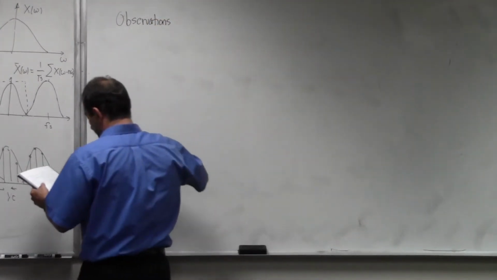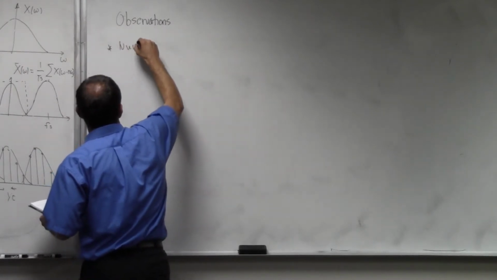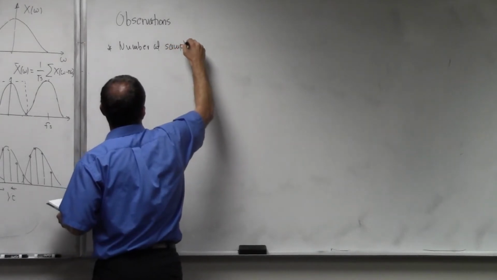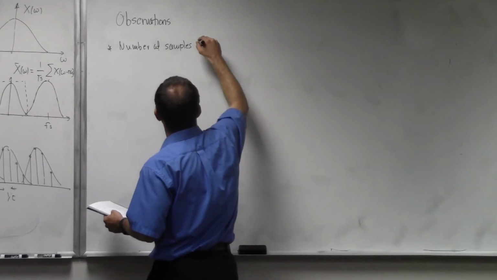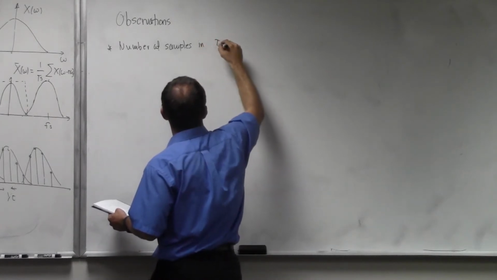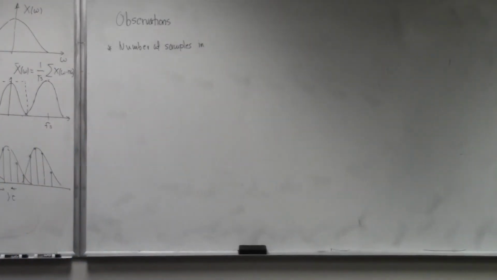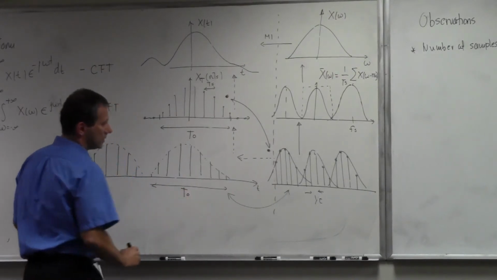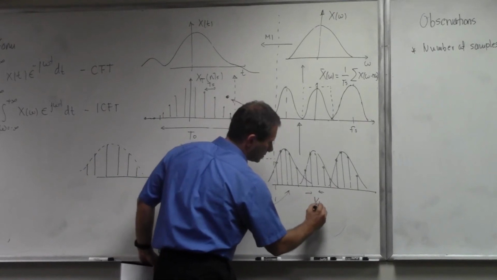First observation, the number of samples in tau, or let me call this, to be consistent with the rest of it, T0. I apologize for that.